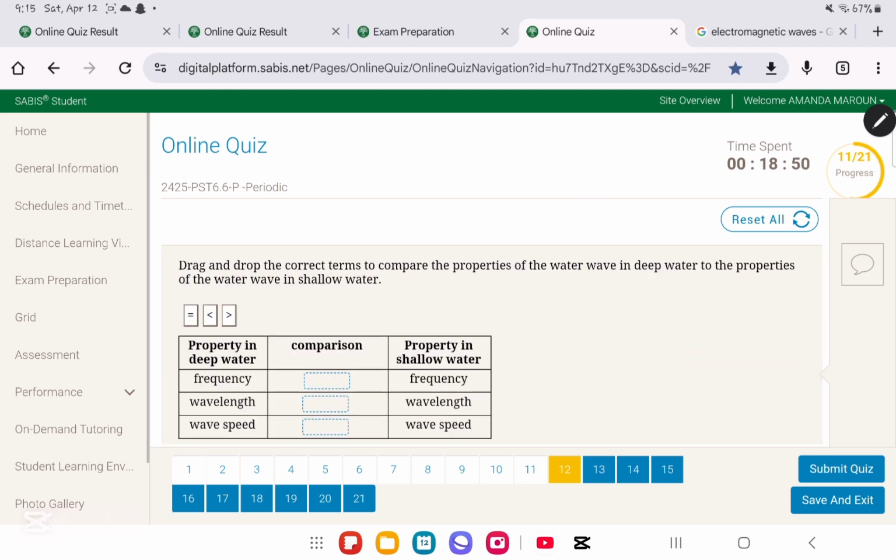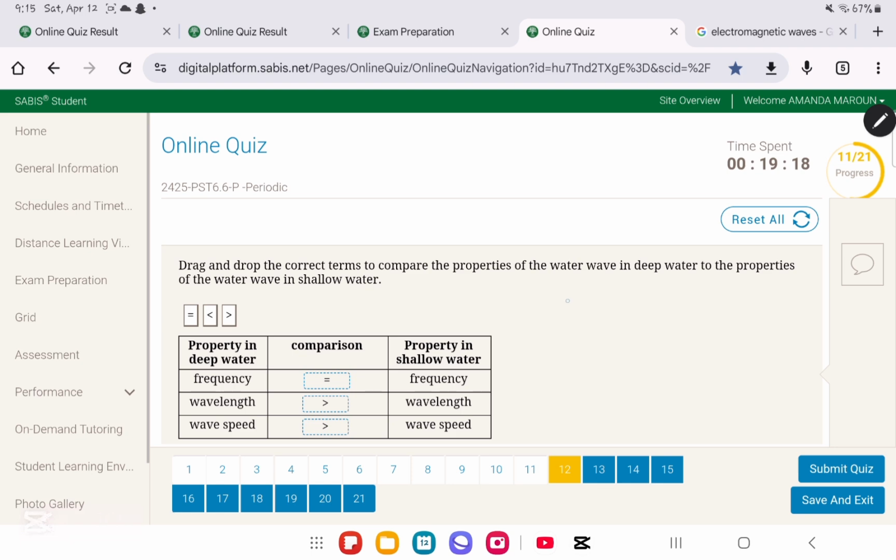So here you have to pay attention and remember something very important. The frequency always stays the same in both the deep water and the shallow water. However, the wavelength is going to be greater in the deeper water than in the shallow water. And because the wavelength is greater in the deeper water, that means the wave speed is going to be greater in the deeper water than in the shallower water.